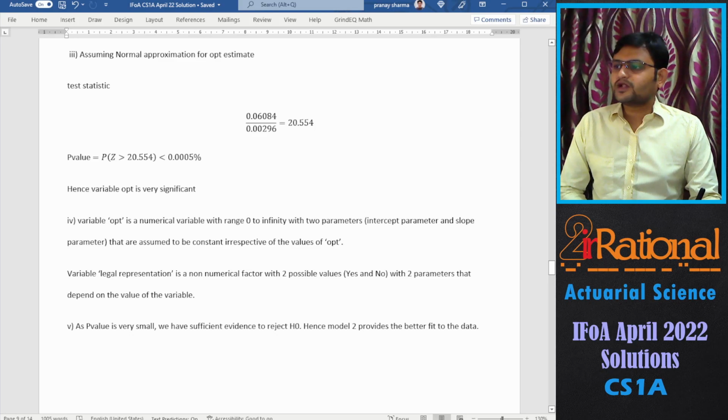So we'll say the variable OPT is a numerical variable with the range of 0 to infinity with 2 parameters, that is the intercept parameter and the slope parameter, that are assumed to be constant irrespective of the values of OPT. And the variable legal representation is a non-numerical factor with 2 possible values, yes or no, with 2 parameters that are dependent on the values of the variable.